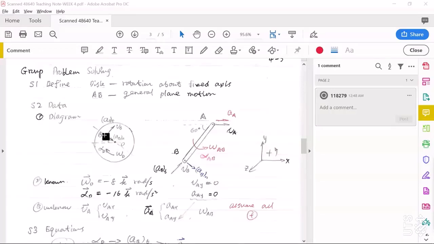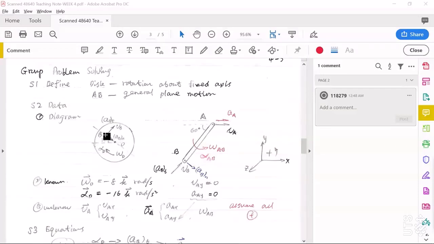So if we look at point B, we can find at this point, VB must be perpendicular to a line connecting B and O. Because omega D is clockwise, so VB, its direction must be upward instead of downward.